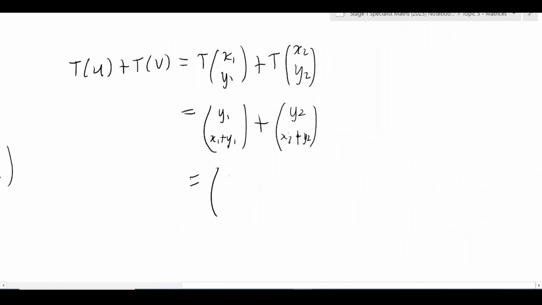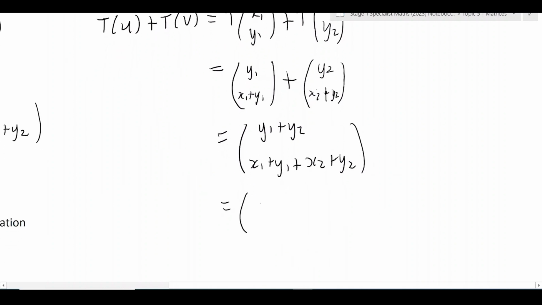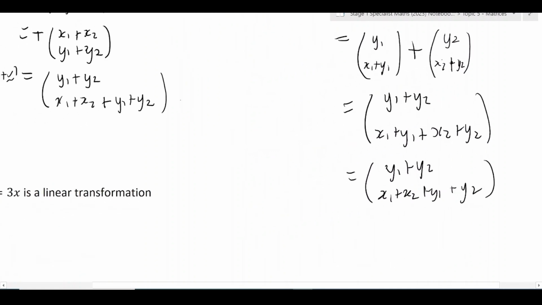So this ends up being, if we write it as one big vector, y1 plus y2, and then x1 plus y1 plus x2 plus y2. And just to make it look like the other one, I'm going to rewrite the bottom. So I get y1 plus y2, and I'm going to get x1 plus x2 plus y1 plus y2. And these two things match.